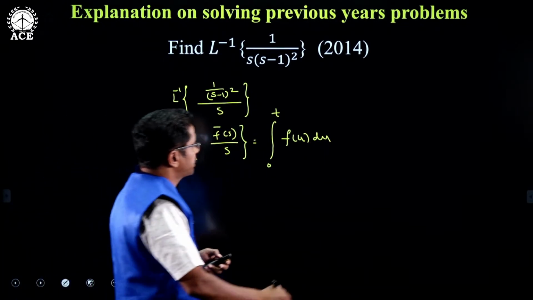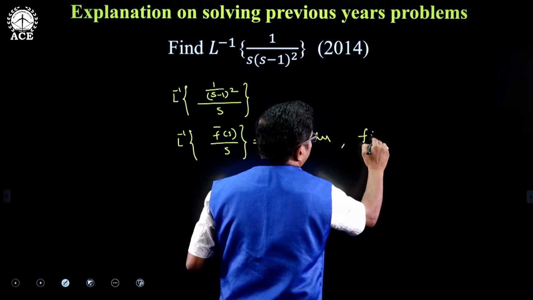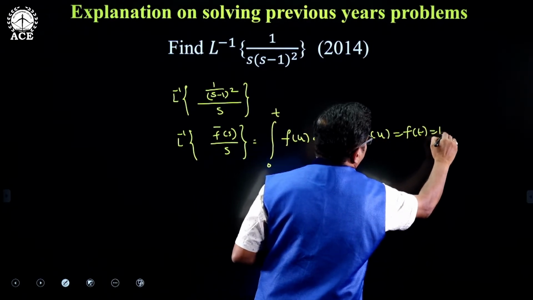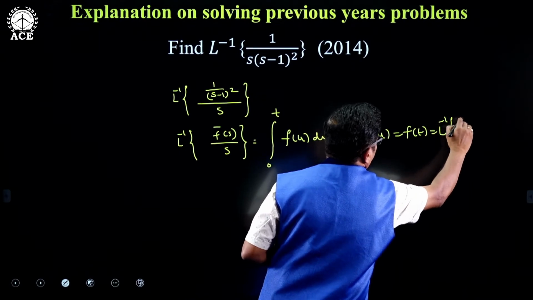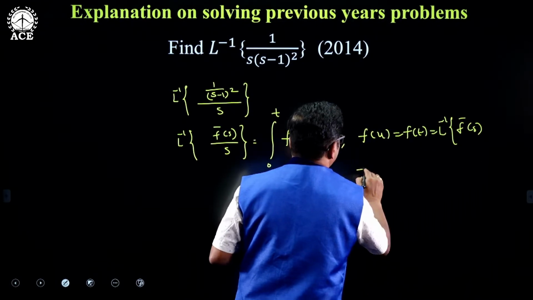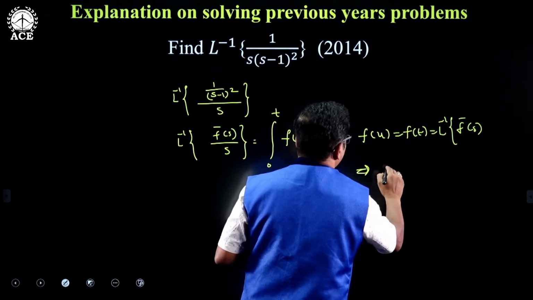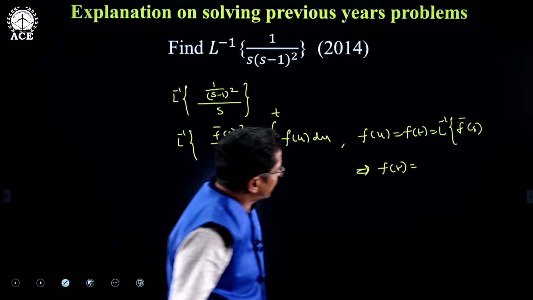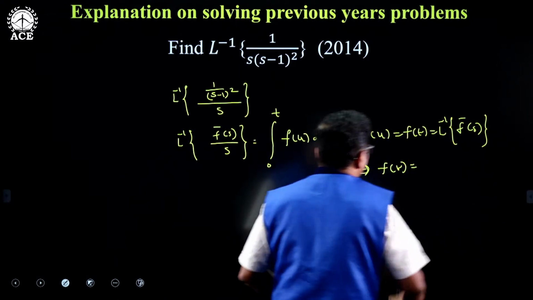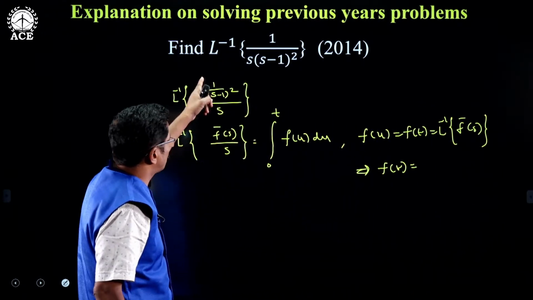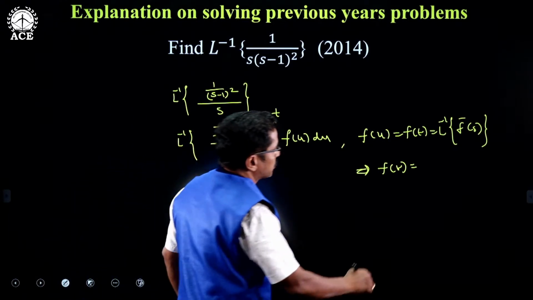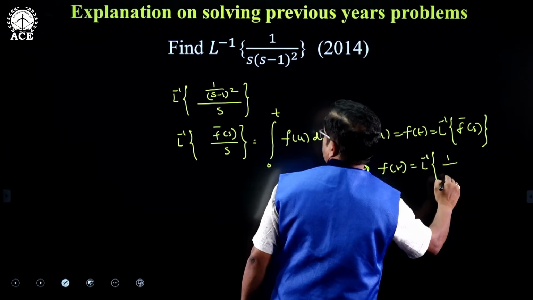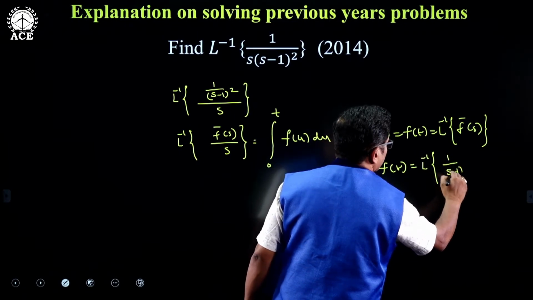What is f of u here? f of u is nothing but f of t. f of t is evaluated by L inverse of f bar of s. Here f bar of s means 1 by s minus 1 whole square. So L inverse of 1 by s minus 1 whole square.